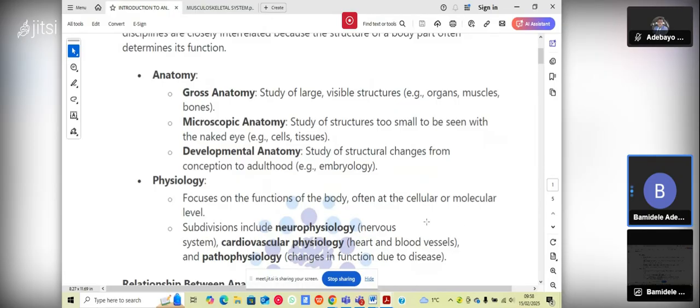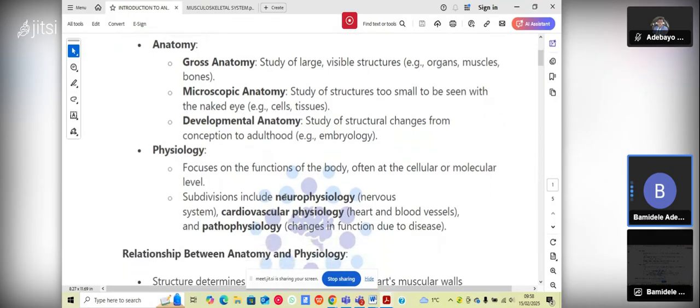Whereas in physiology, it's pretty straightforward because it focuses on the function of body parts, and it can be at a cellular level or molecular level. It can also be subdivided into three here. The neurophysiology, this deals with the nervous system.